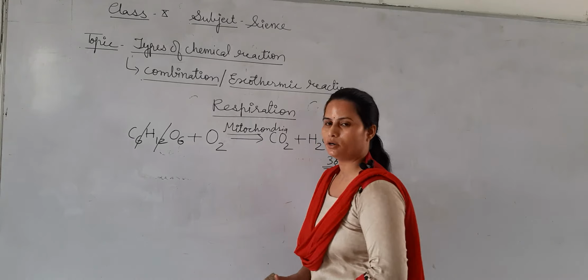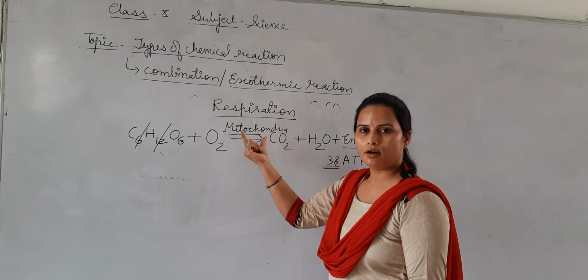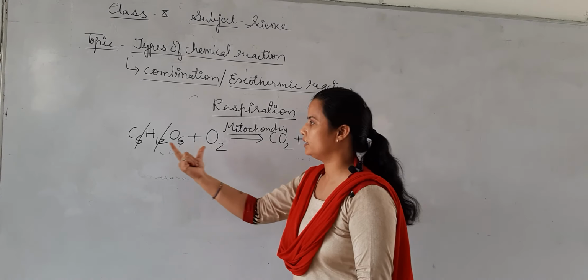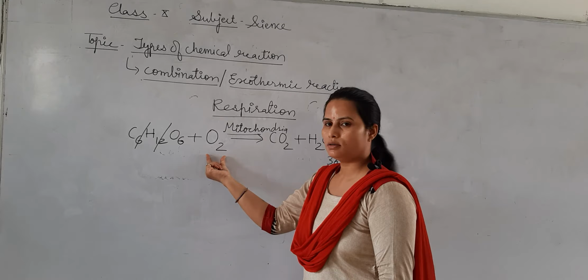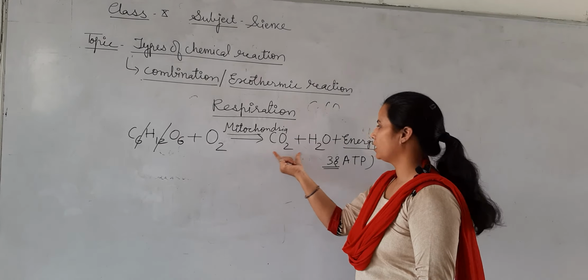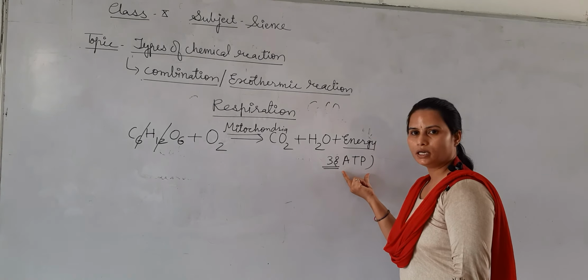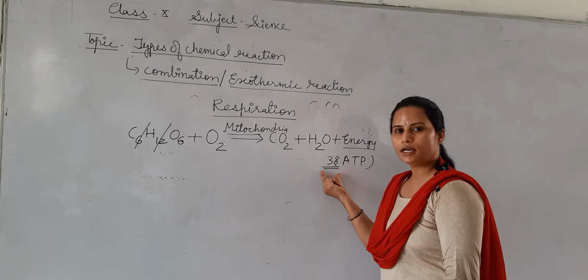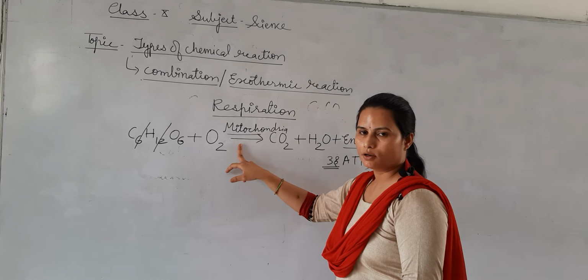Mitochondria, we know very well, is called the powerhouse of the cell. It is a cell organelle. Our body cell contains glucose molecule. When we respire, the oxygen molecule breaks it down and it forms CO2, H2O, and gives energy in the form of ATP. How much ATP? 38 ATP molecules, and this whole process is held in mitochondria.